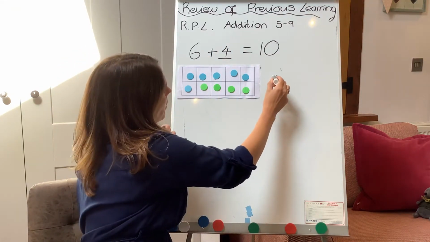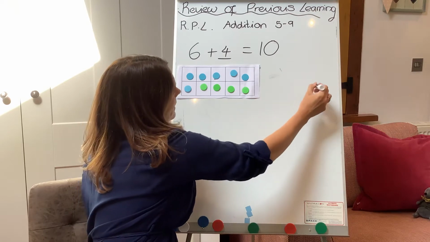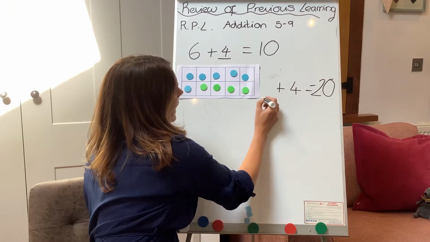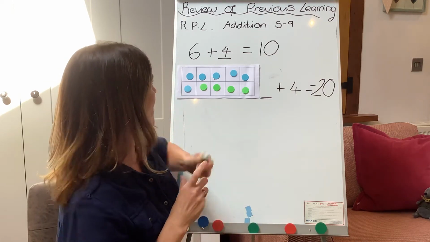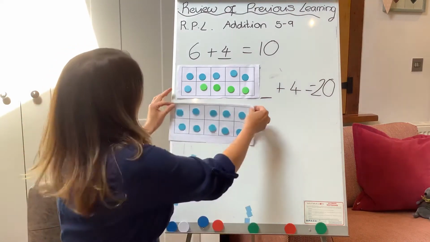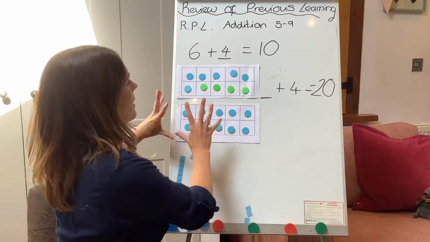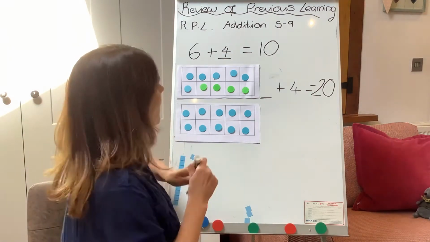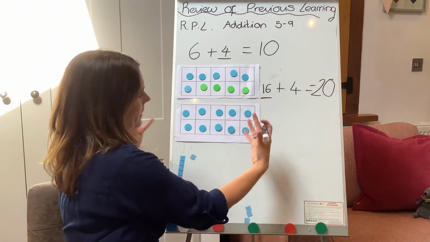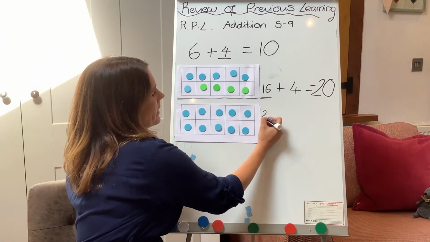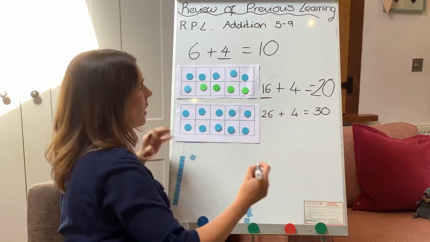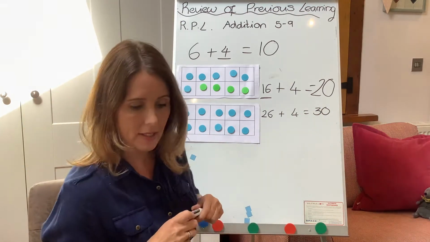If we wanted to know what makes 20, okay, so we're adding something here now to make 20. Well, we've got 6 and 4. If we add on another 10, we can see that 16 and 4 makes 20. And if we added on another 10, we could say 26 add 4 is equal to 30. So we can use those addition facts to help us.